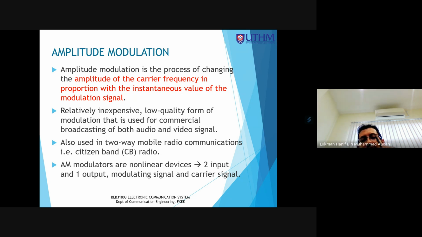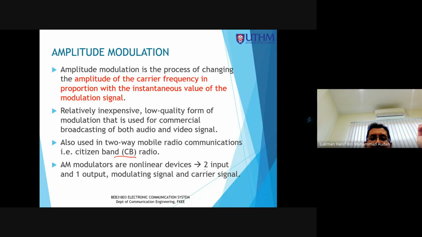There are two-way radio mobile communications, for example CB radio. AM is also used in radio broadcasting, and also for TV broadcasting. So AM modulators are non-linear devices.